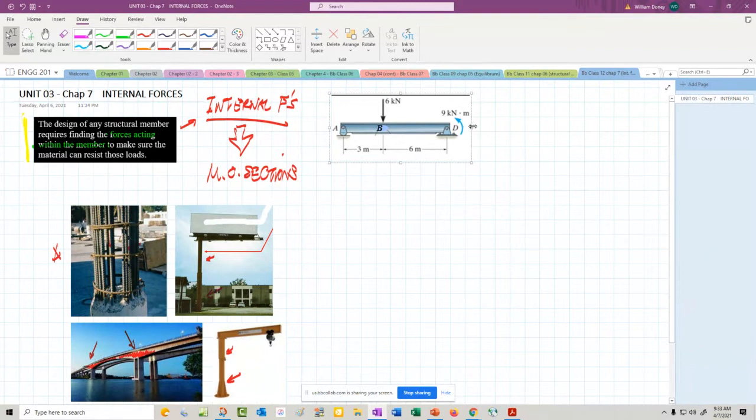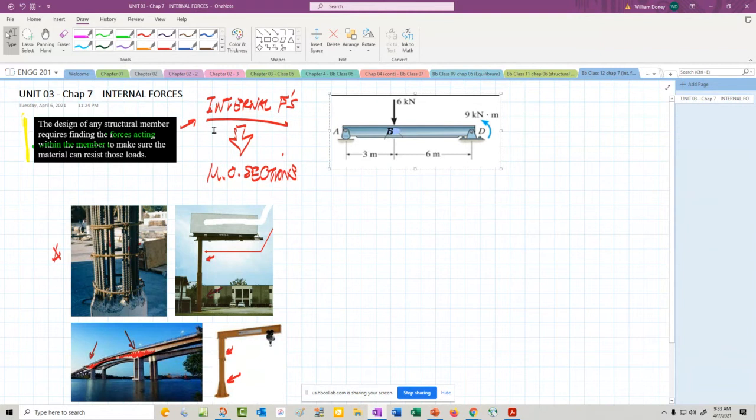Method of sections. All right, so let's start with this member over here. We're going to be mainly dealing with beams. Beams are horizontal, one-piece members that are used to support vertical loading. We're not worried about this being pushed left or right. We're worrying about vertical loading. And just like we did with method of sections, we're interested in a point or a section of the beam.